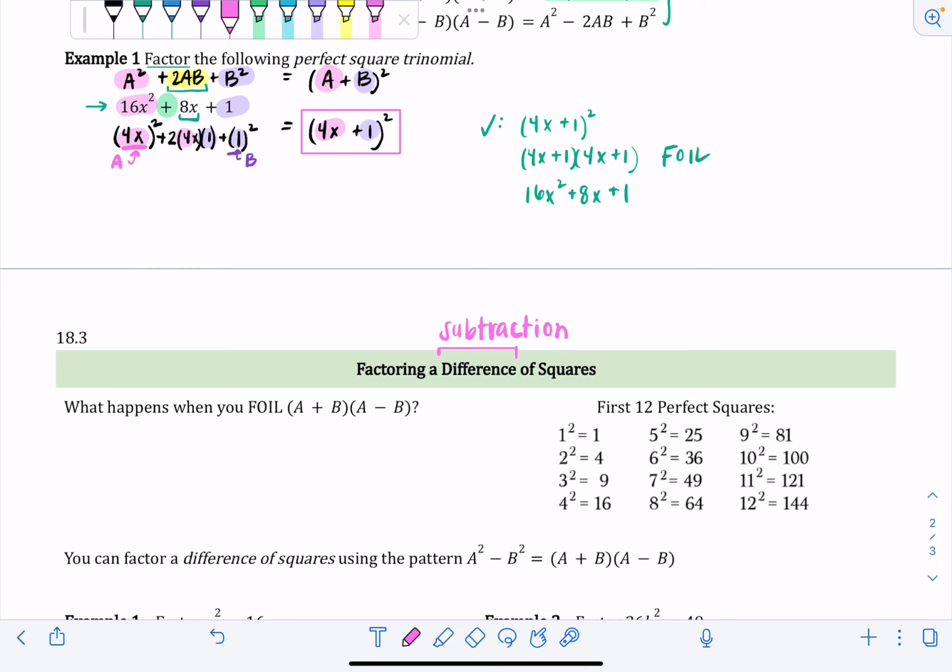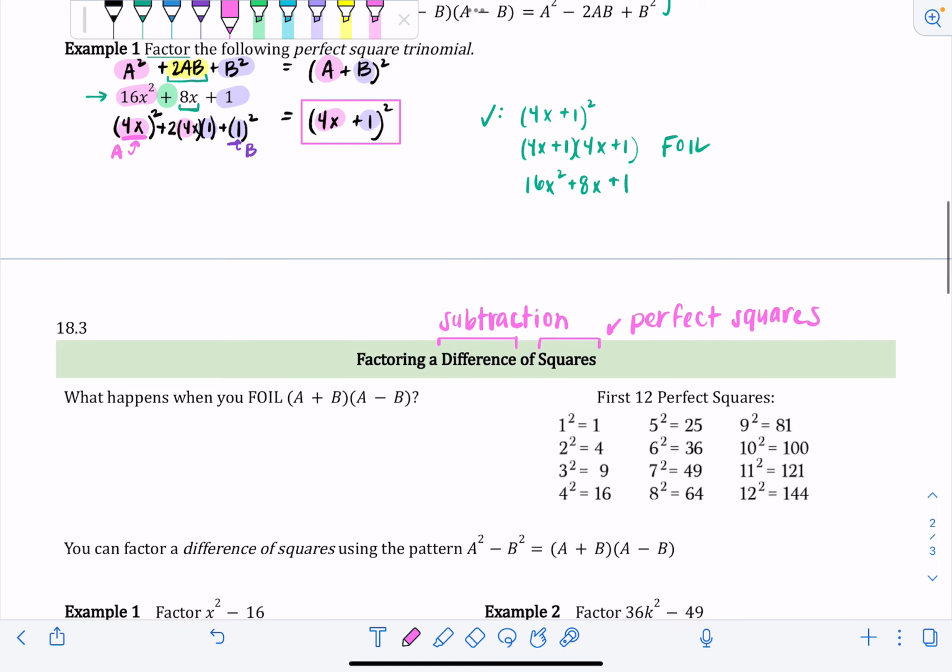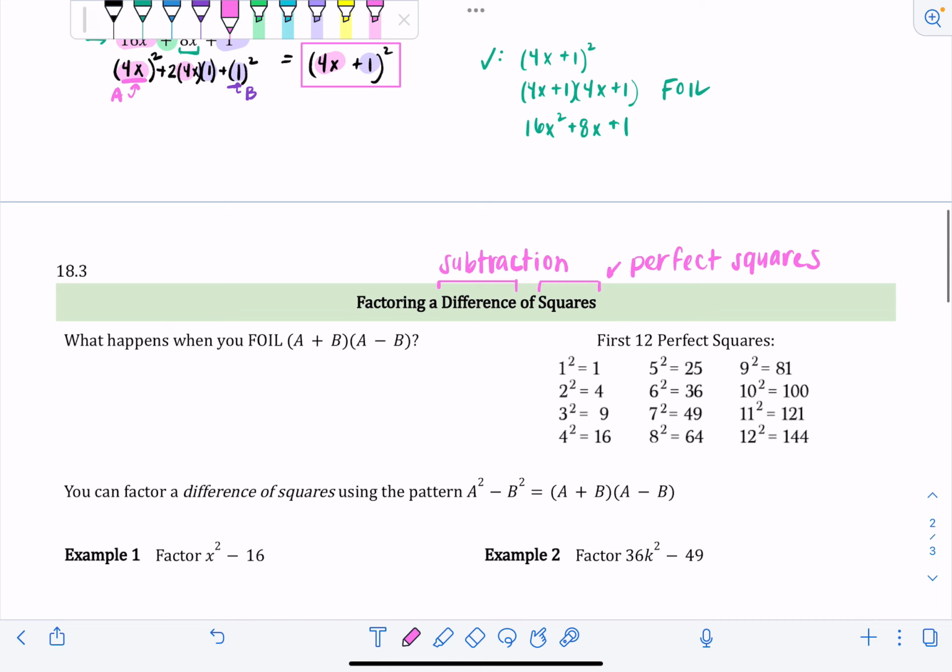So when it says the difference of squares, squares means perfect squares. So this means that we have problems where it's one perfect square minus another. And we'll talk about what exactly that means more. So 18.3, factoring a difference of squares. It's really important to remember that difference means subtraction.